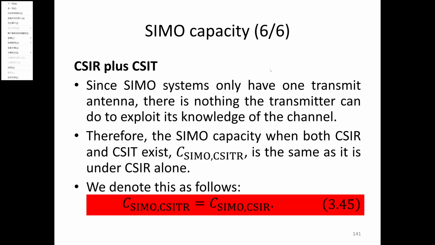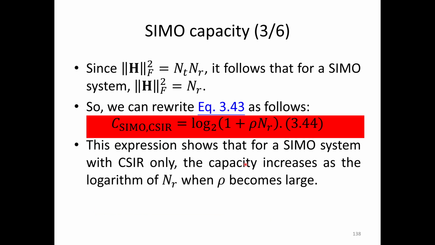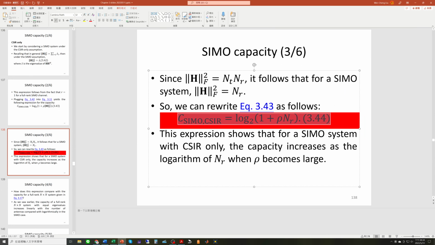Let us go to equation 3.45. In equation 3.45, we can see that C_SIMO,CSIT is equal to C_SIMO,CSIR. And what is C_SIMO,CSIR? Let us go back to equation 3.44. The position of the equation number is wrong.